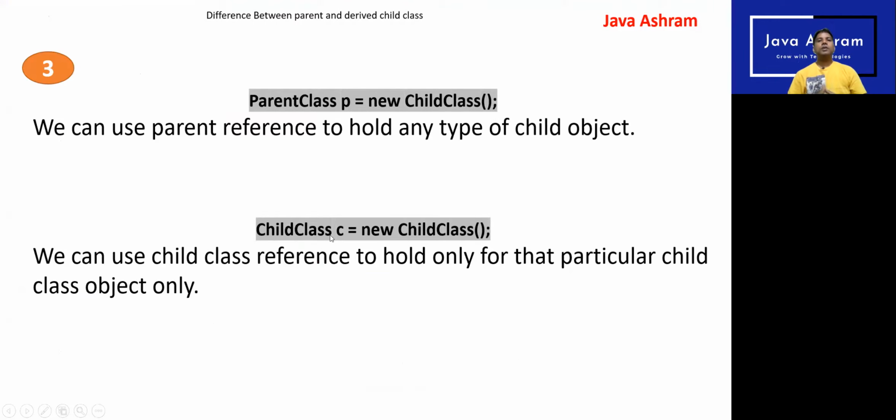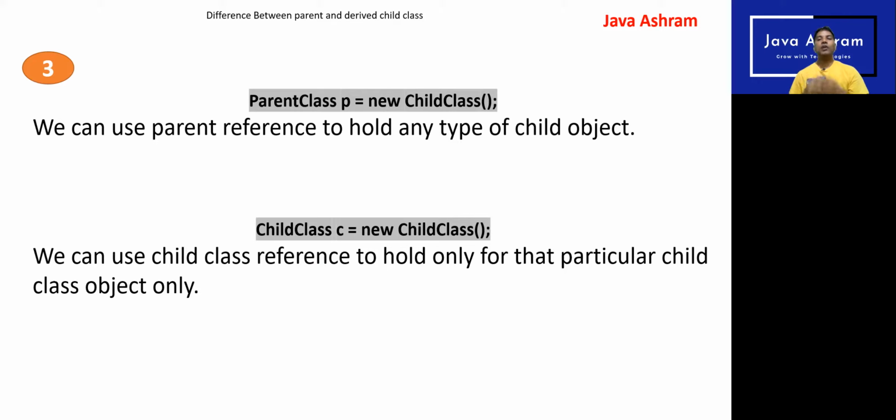So these were all the differences and all the use cases of using the parent class reference to hold any kind of child object, and using the child reference to hold the child object. You also learned when you should go with the parent class reference and when you should go with the child class reference. It's totally up to you.